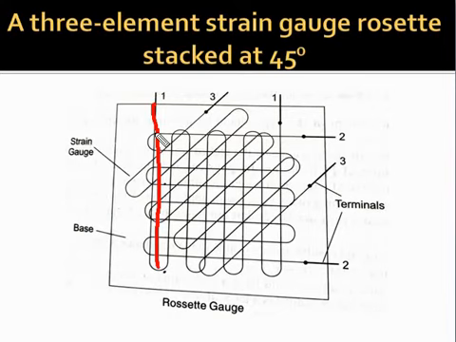Number 2 strain gauge, we can see here, is in the horizontal direction. And number 3 strain gauge has a 45 degree angle with number 1 strain gauge and number 2 strain gauge.